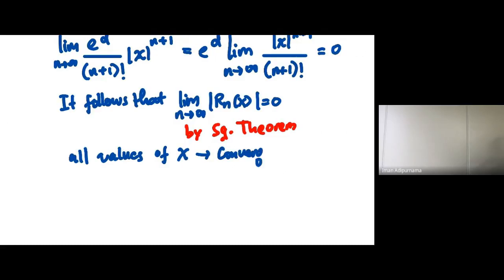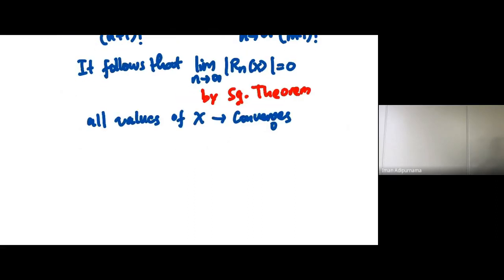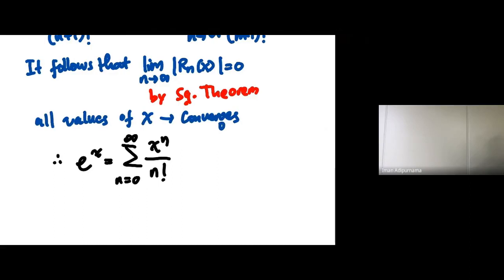Okay. So e to the x is true that this is the power series of x to the power of n divided by n factorial for all x.